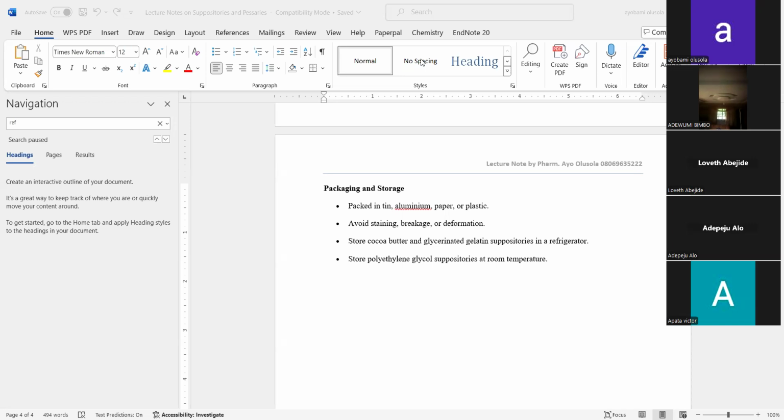You will see that Mycotin pessary is a suppository, but they don't store it in the refrigerator. That's because of the method of preparation and the things that have been used.